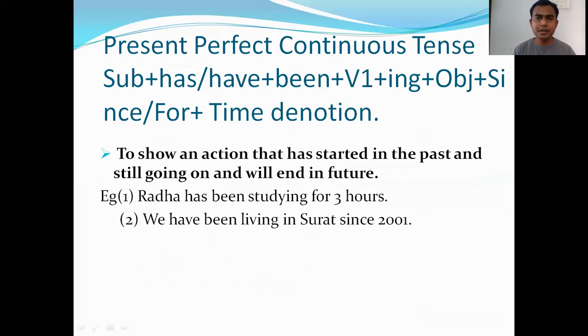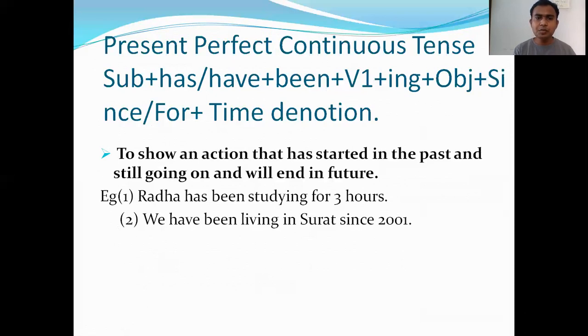In present perfect continuous tense, you see we have subject, has or have. Been is very important. In perfect continuous tense, we always have to use been. Verb 1 plus ing. We have to use ing because it's a continuous tense. Object plus we have to use since or for. Now since or for, we'll try to understand when we have to use since and when we have to use for, and time denotion.